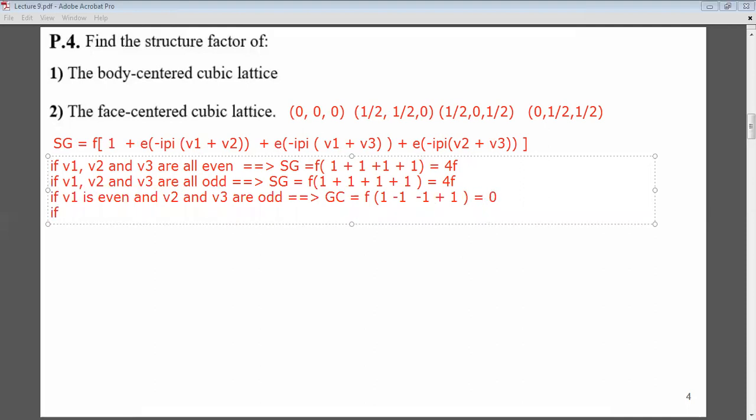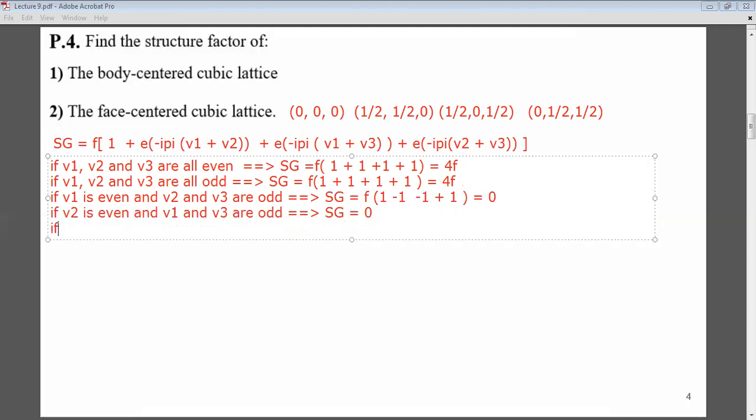It's the same if I take V2 even and V1 and V3 odd, I will get the same thing. SG will be 0 if V3 is even and V1 and V2 are odd.